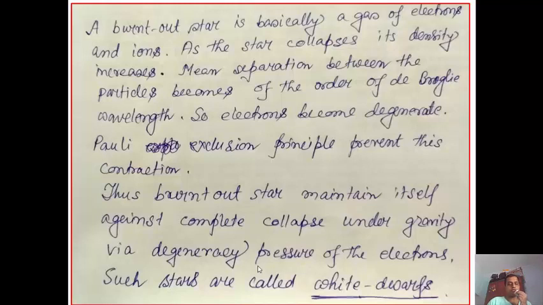We know from the Pauli exclusion principle that no two electrons can be in the same state, so a pressure arises, not to come into a compact state. This pressure is the degeneracy pressure, and it prevents the collapse of the star, and then the star is called a white dwarf.